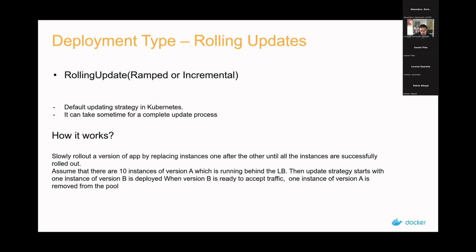So let's assume that there are 10 instances of version A, which run behind a specific worker. Then the update strategy starts when the instance of version B is deployed, and when version B is ready to accept the traffic, then version A is removed from the pool.